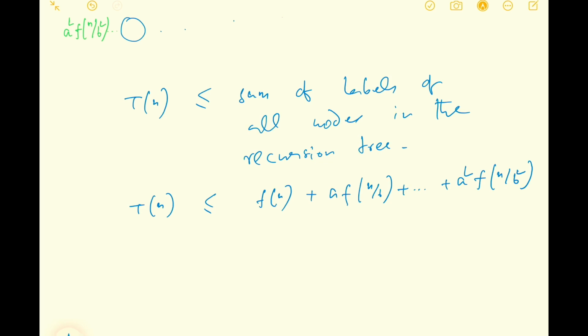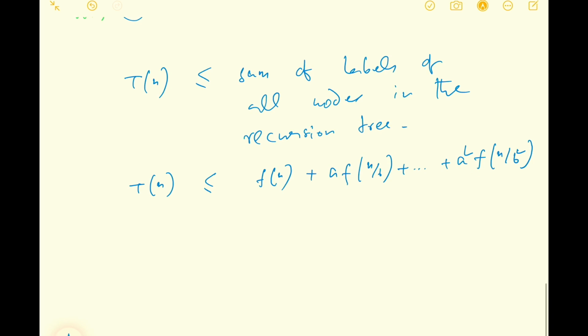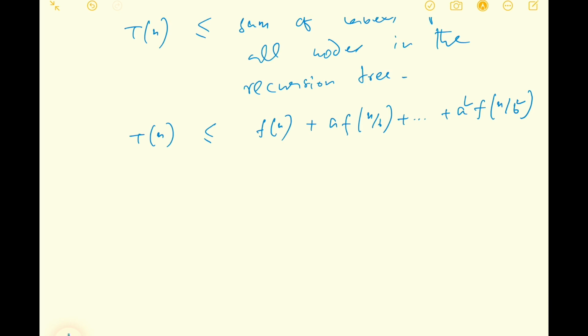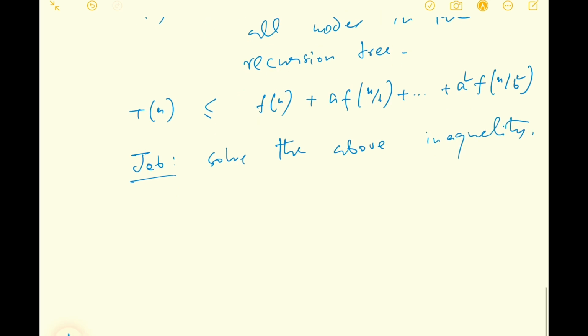Now all you need to do is that you basically solve this recurrence. So our goal or task is to solve the above inequality. Depending on the function f of n and these constants a and b, it can be a tricky task, it can be a very easy task, it can be a difficult task.